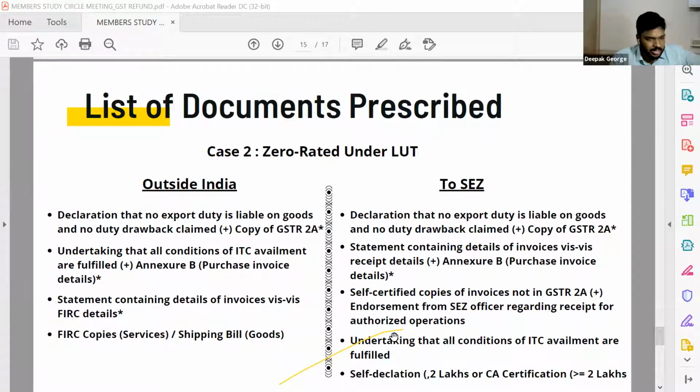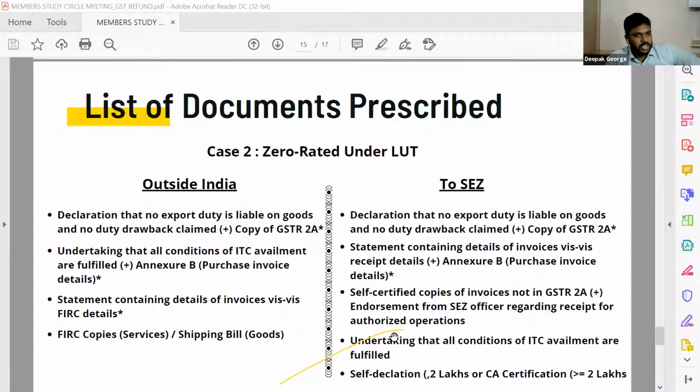You have the FIRC. If it is goods, you have the shipping bill, because the GST office is asking that if you're exporting goods, let's say decorative wood to Dubai without IGST, then you need to furnish the shipping bill, which shows the foreign currency amount that is also shown in your invoice, right?